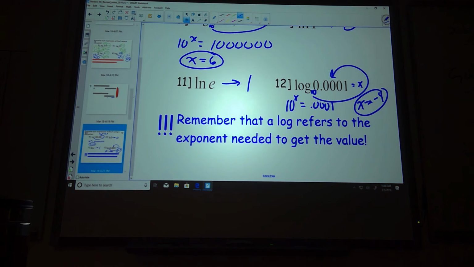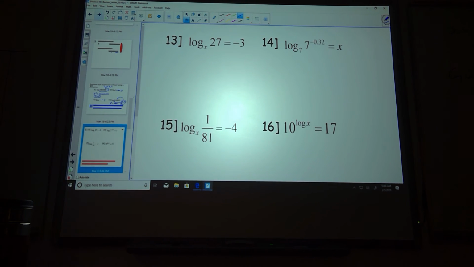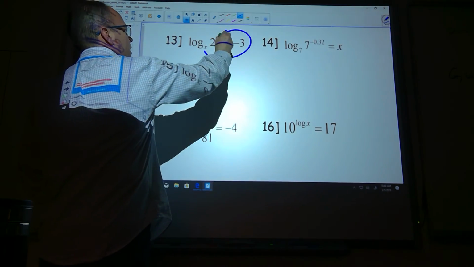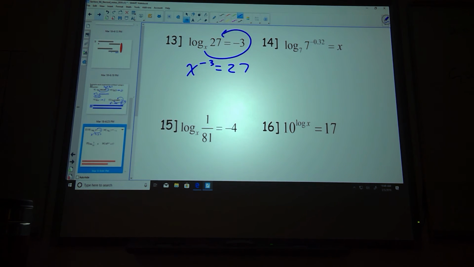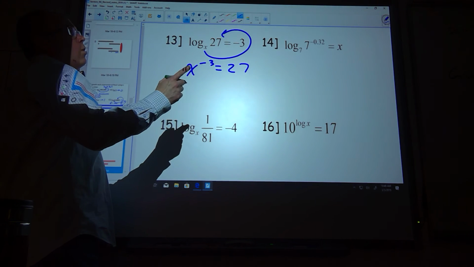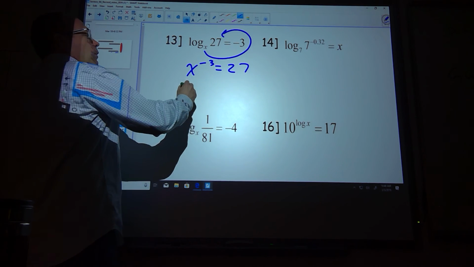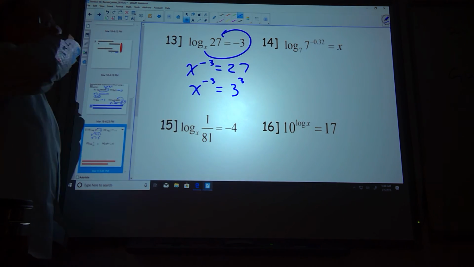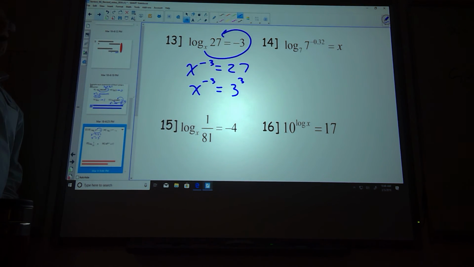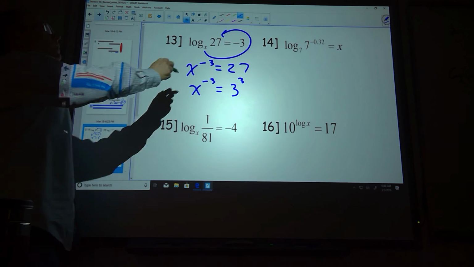Okay, remember that log refers to the exponent needed to get the value. Let's solve it. X to the negative 3 equals 27. Agree? What has to happen to x?